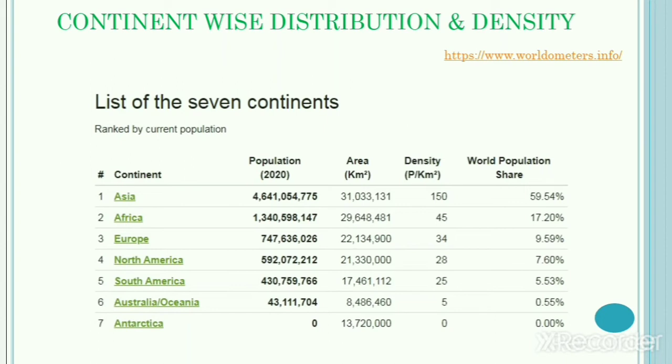Africa is in second position, having 1.3 billion population with a share of 17.2% of the world population. Africa is followed by Europe, North America, South America, and Australia. Antarctica doesn't have any share in the world population.